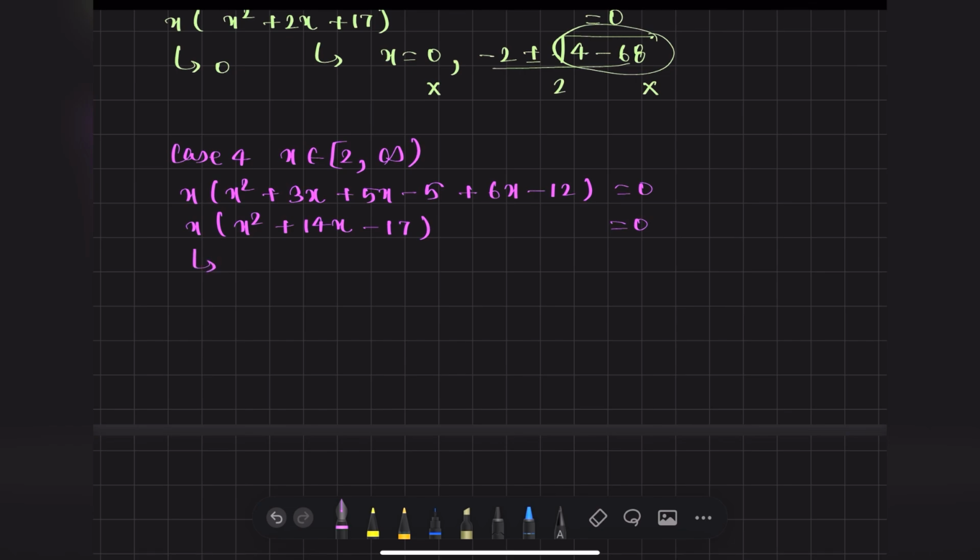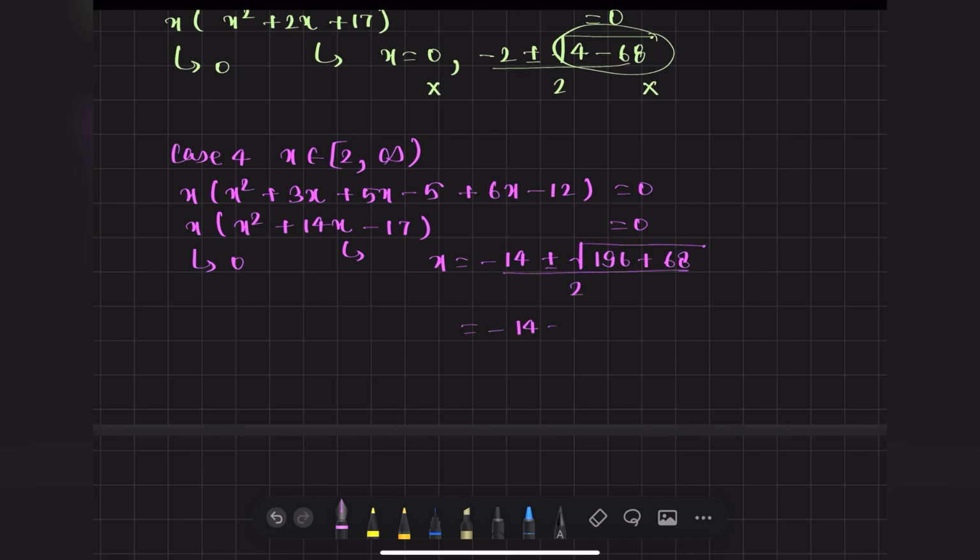Now again you got the first zero as 0. For the second zero you have to deal with this quadratic equation. So it is minus b plus or minus root under b square, 14 square is 196, minus 4ac. Again it is 68. Now please look at this part.